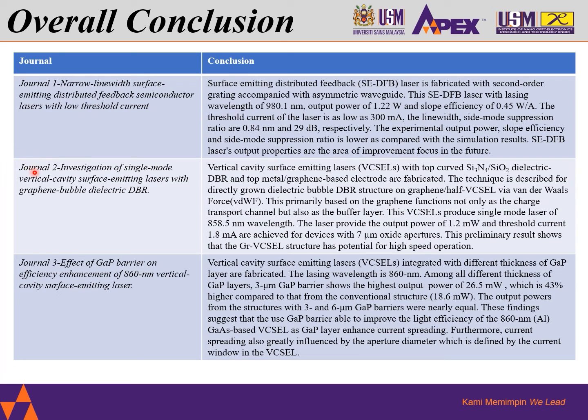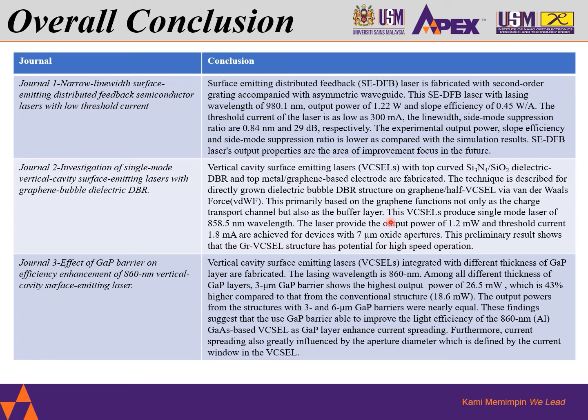As for the second journal, here is the conclusion. BCSEL with top curved silicon nitride, silicon dioxide dielectric DBR and top graphene-based electrode are fabricated. The technique is described for directly grown dielectric bubble DBR structures on graphene half BCSEL via van der Waals force. This is primarily based on the graphene functioning not only as the charge transport channel but also the buffer layer.